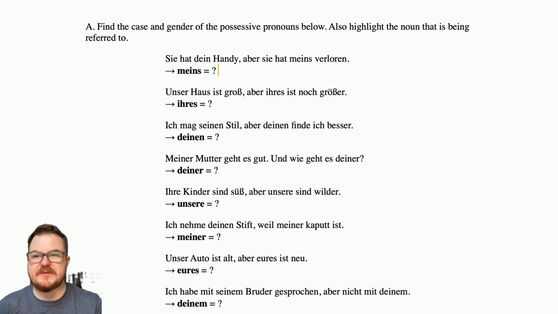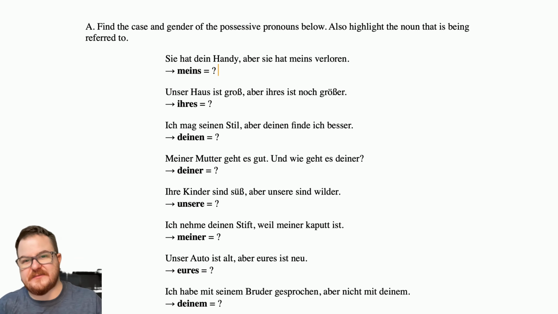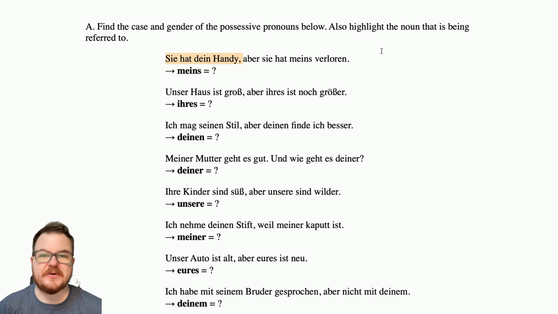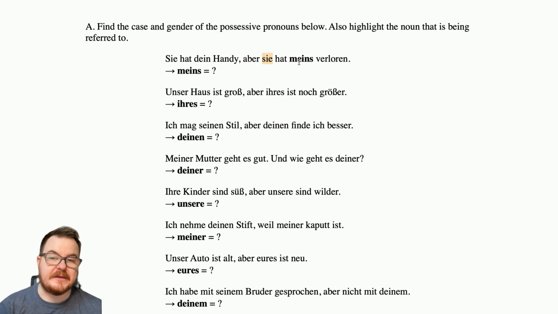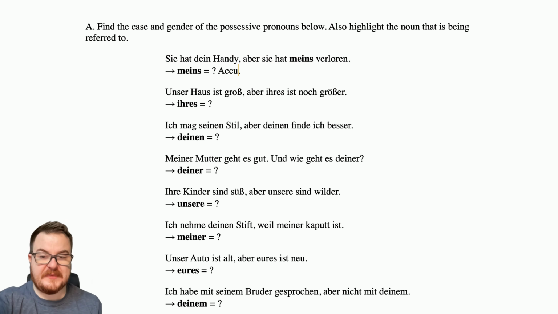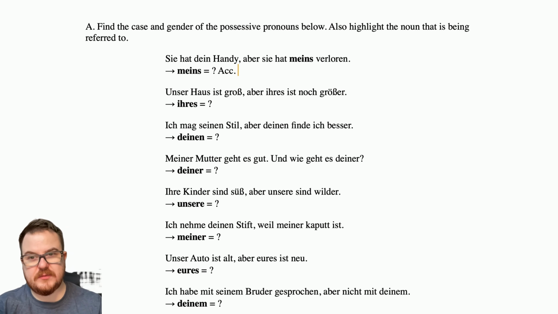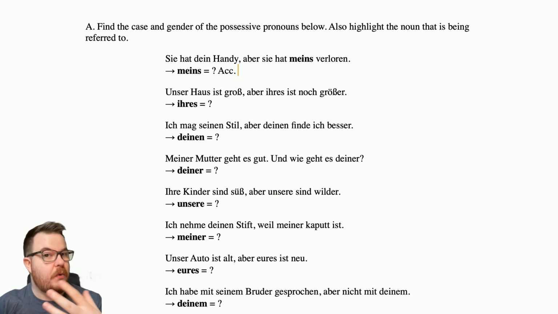Anyway, what do we want to do? We want to first of all find the case of this. So we look at the second part of the sentence where the word meins is, and we see that in this sentence, there's a nominative. So she is doing the losing of mine. So this is accusative, and this is accusative, and it's replacing a noun of what gender?